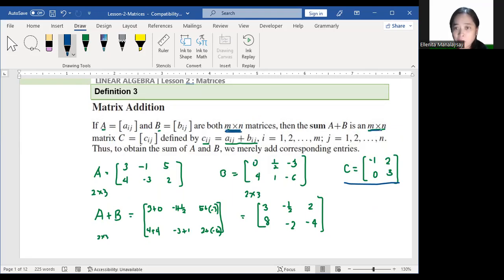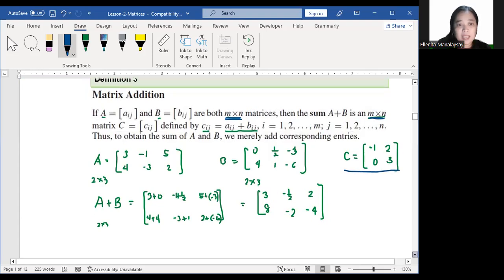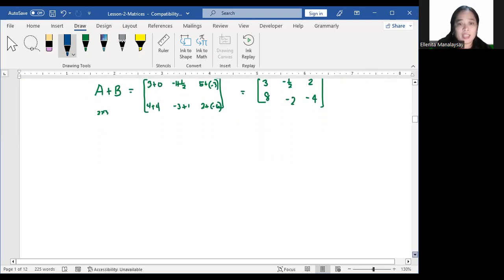And their sum should be another matrix like this one, containing the same number of rows and the same number of columns. And adding is easy. All we need to do is to add their corresponding. Eh, ganun lang kasimple. I-add lang natin yung corresponding.